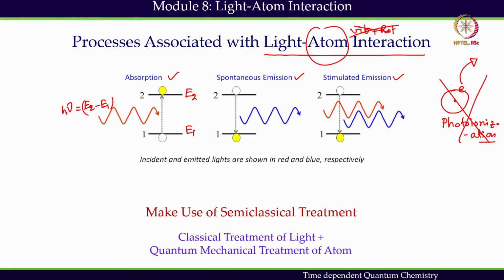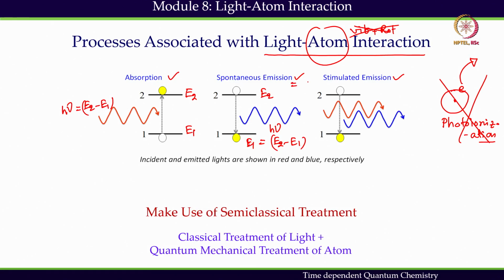This process is called absorption. An atom can also undergo spontaneous transition from an excited state to a state of lower energy, emitting a photon with an energy h nu, which is E2 minus E1. This process is called spontaneous emission.